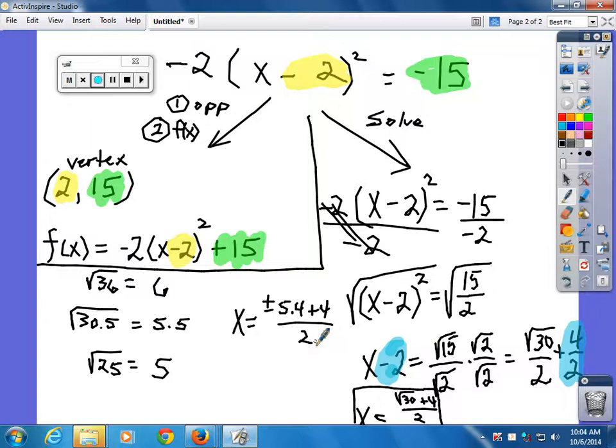Is that right? Yeah. So 4.7 is your one intercept. You owe 5.4, and you have 4. So what's the outcome if you owe 5.4 and you have 4? And what's half of 1.4? Then you owe it, so it's negative. So there's your two x-intercepts in decimal form, which is approximate.